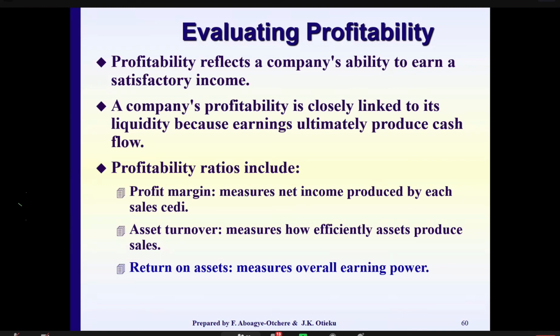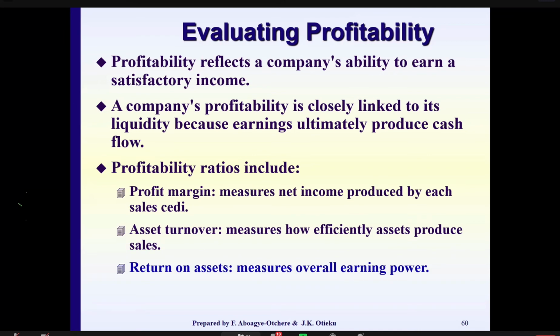So if you use your assets to generate sales several times, then it is a mark of efficiency. It means that assets are not idle. As you generate more revenue, you can cover your expenses and make profits. That's why it is one of the measures of profitability.